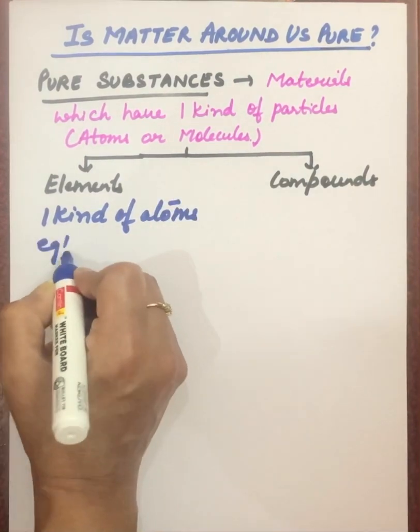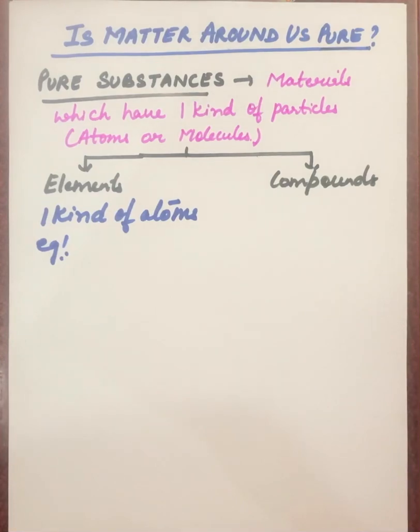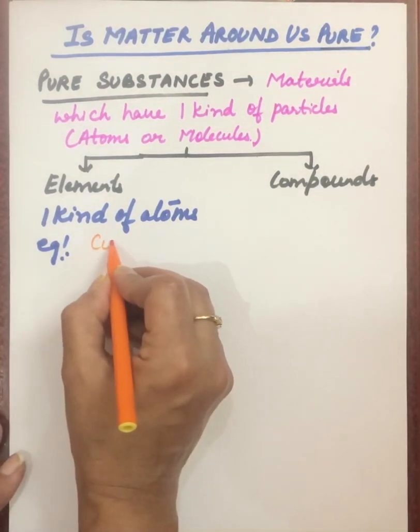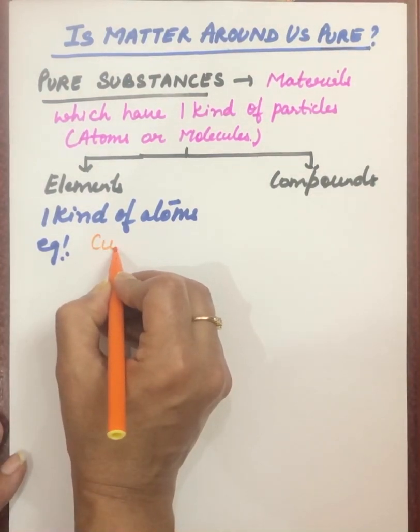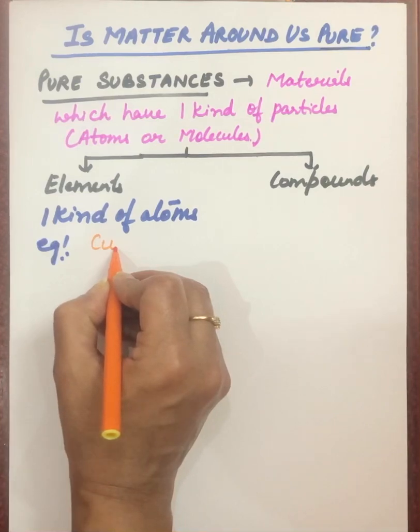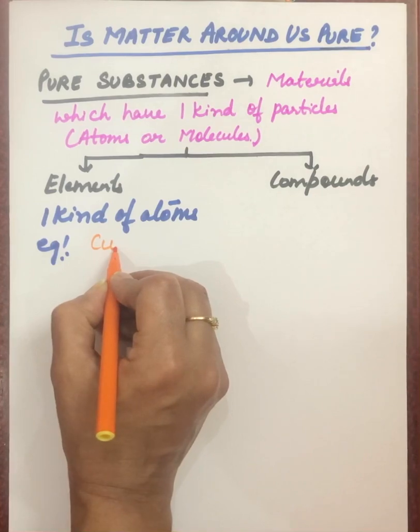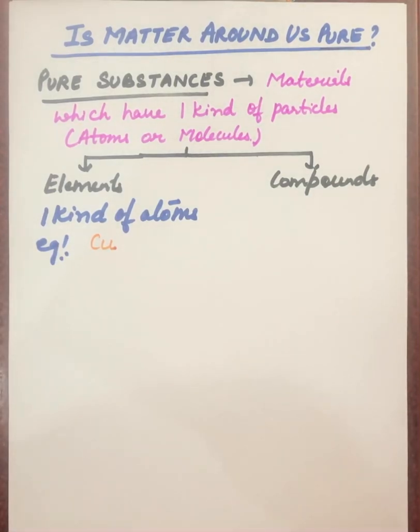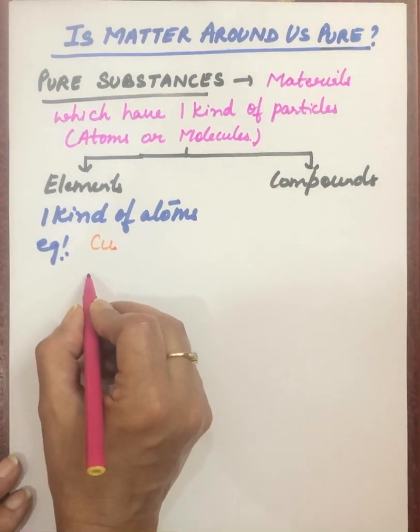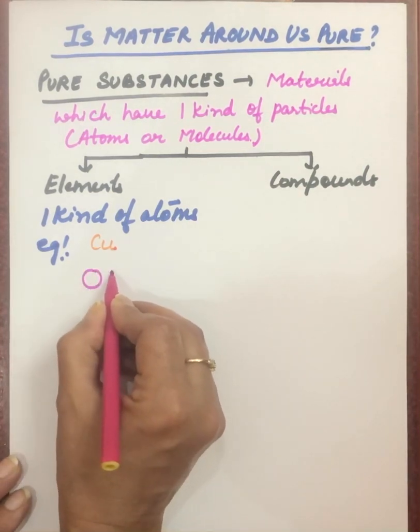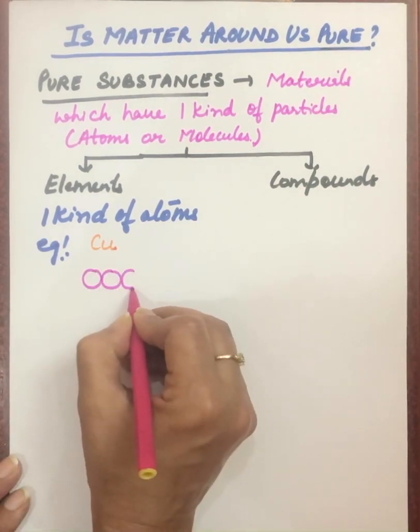For example, if we take copper element, it will have all the atoms of copper which will have the same mass, shape, size, volume, properties. Everything will be the same in these particles.